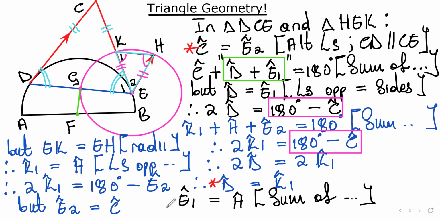Then what's the conclusion? Well, now we can nicely conclude and say triangle DCE must be similar to triangle HEK. It's 6 marks anyway, so it's worth waiting for it.